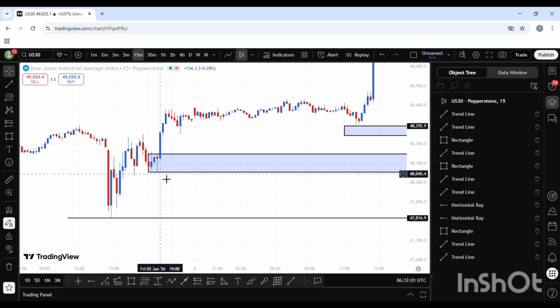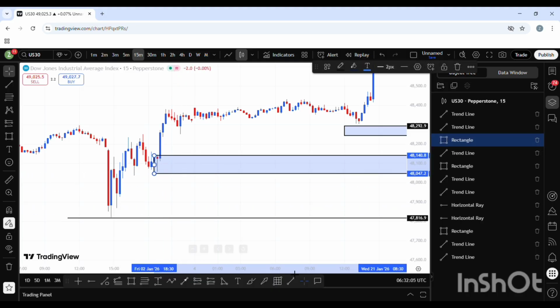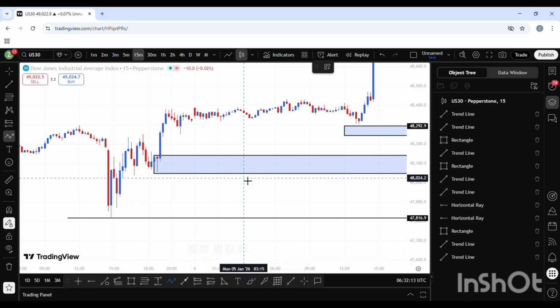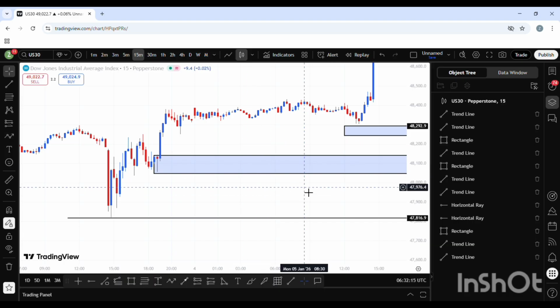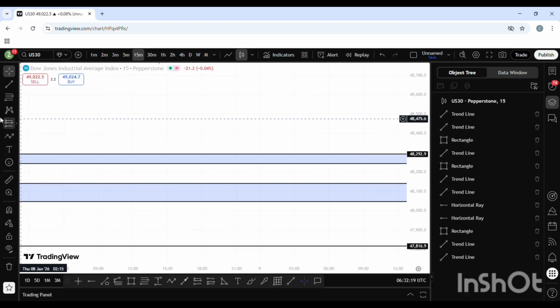So we have so much liquidity lying here. From this order block to this line, we have a very huge gap, which is liquidity, and is that tool, this one here. So all this is liquidity, and the market may just decide to tap this order block.